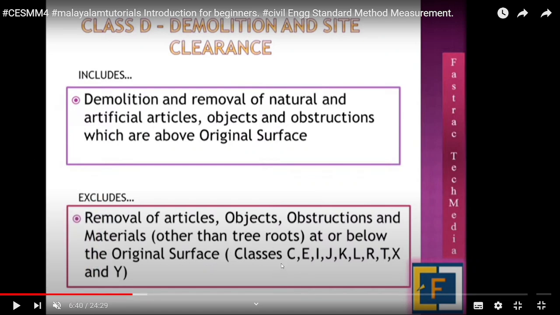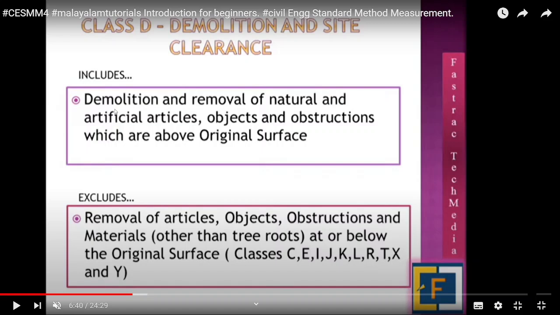So never get confused with those things included in class C, E, J, K, L, R, T, X and Y. So these corrections we have to understand.